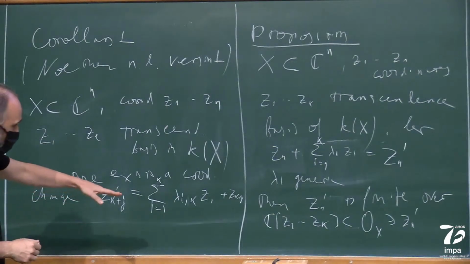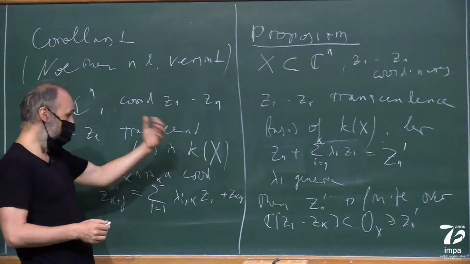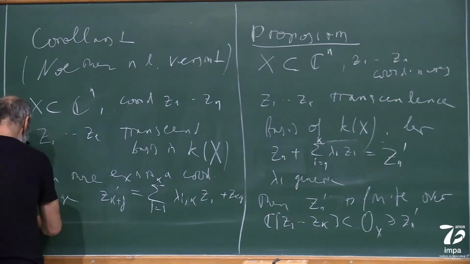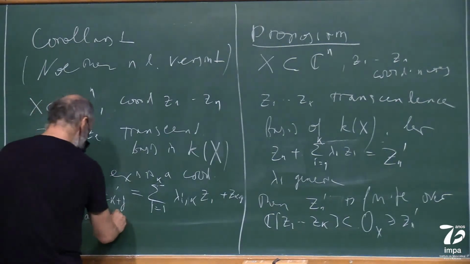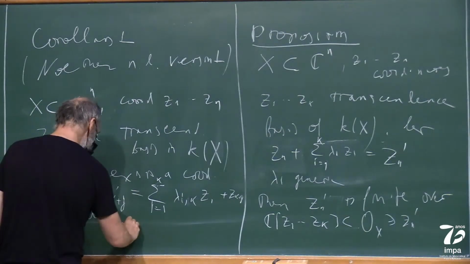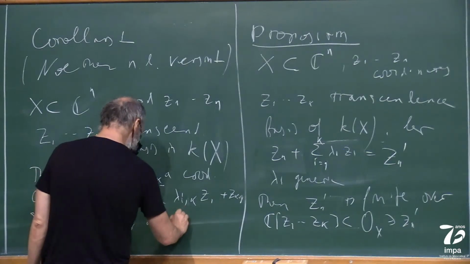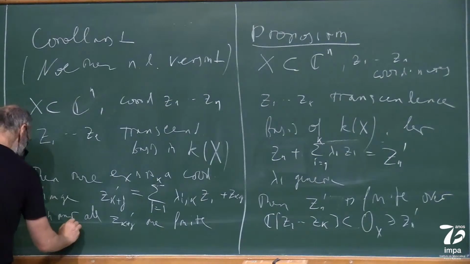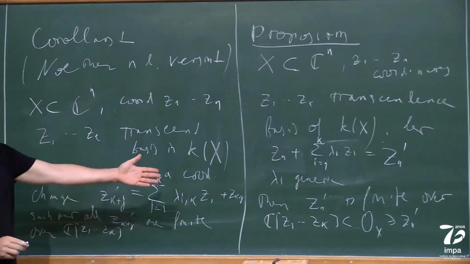So we shift each coordinate by some linear transform along the first k coordinates, such that all z_{k+j} prime are finite over C[z1, ..., zk]. And the proof is the same.